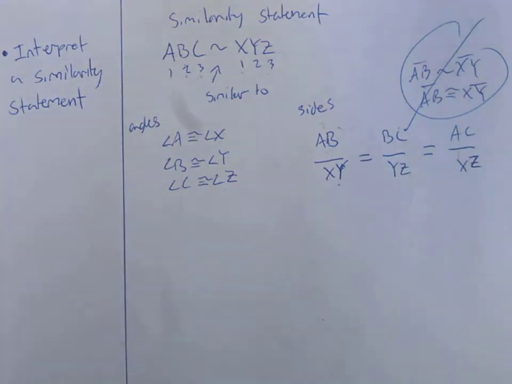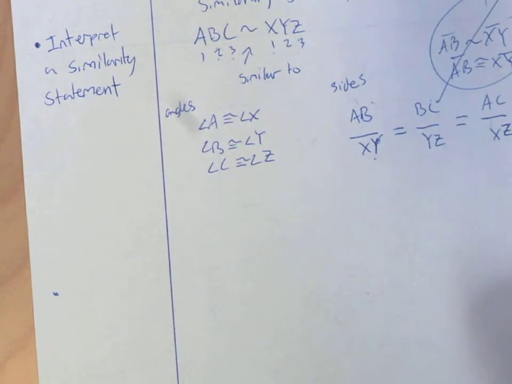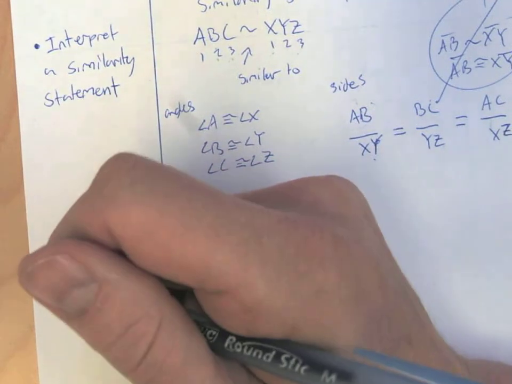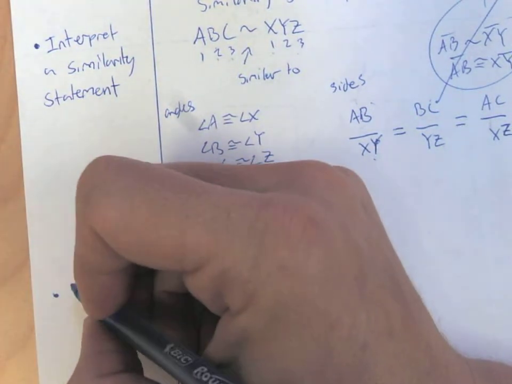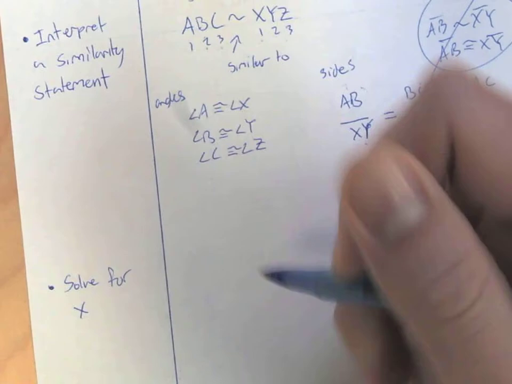Okay, let's do a couple example problems here using the idea of proportionality and solving proportions. Okay, so let's do a couple example problems with triangle similarity. So we're going to solve for x with similar triangles.